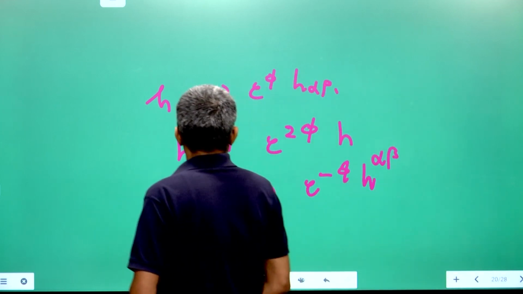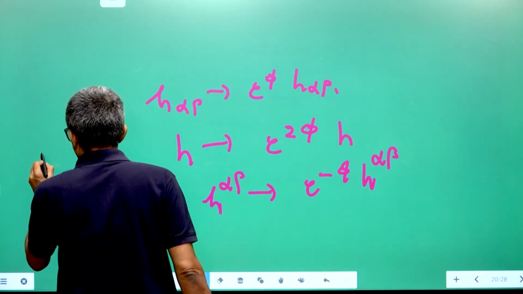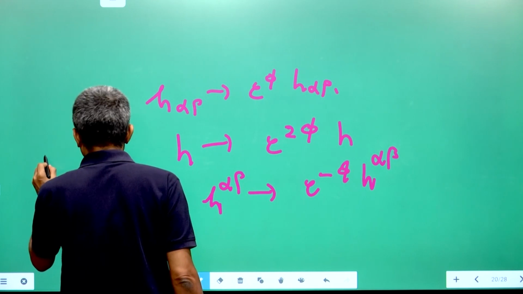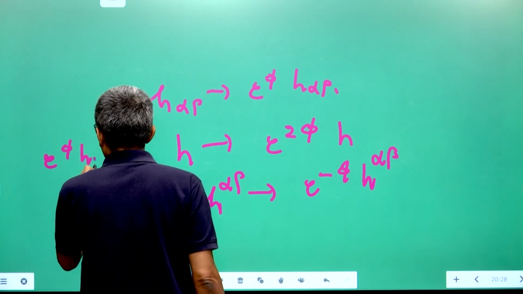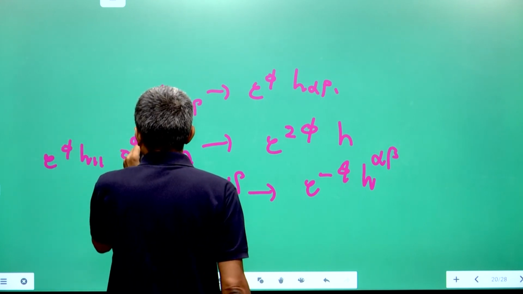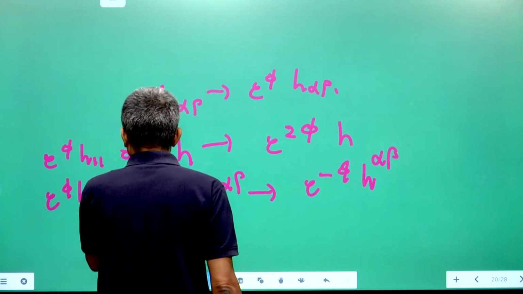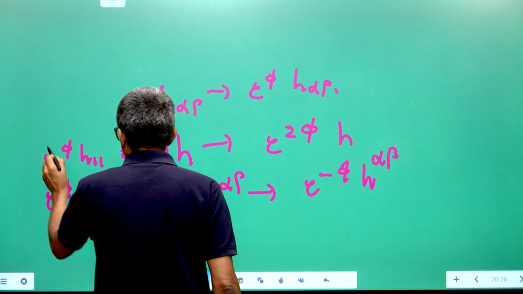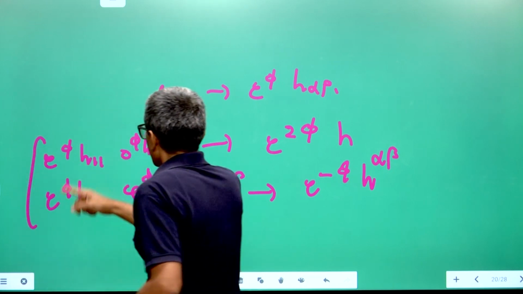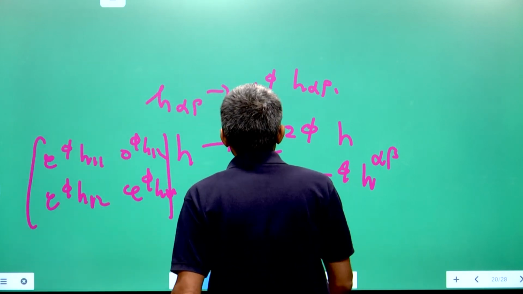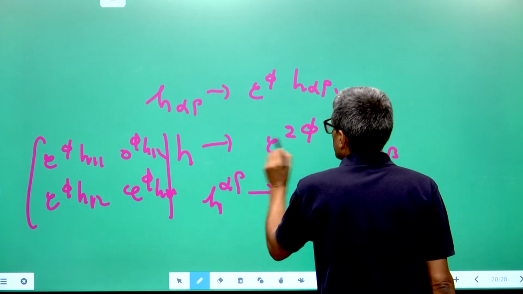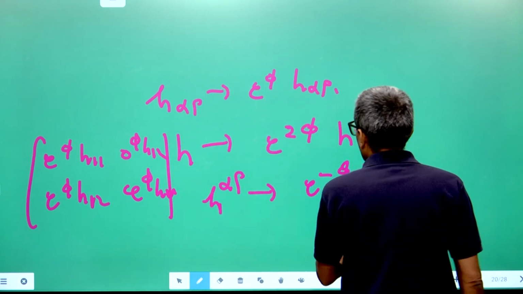If you multiply h, what happens is that you get e power phi h11, e power phi h12, e power phi h12, e power phi h22, multiplying it by e power phi, and you take the determinant, then this is nothing but e power 2 phi times h. So this will go to this, and h alpha beta will go to e power minus phi.